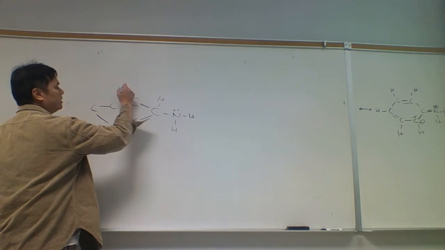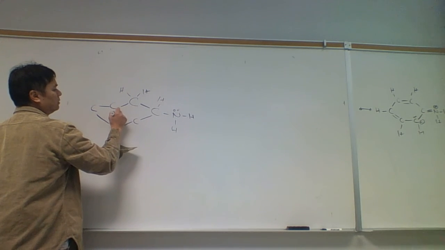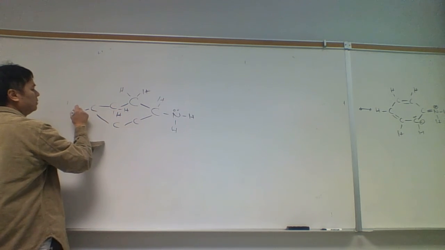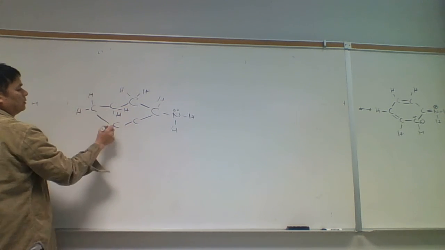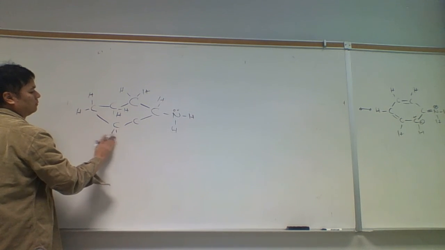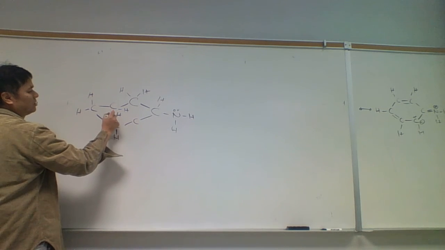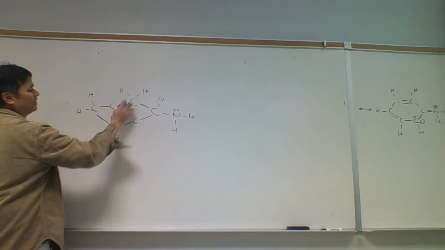There's got to be hydrogens here, so we need 2 hydrogens. I'm not going to draw this totally 3D. Actually, in organic chemistry, you get good at drawing these. I should try to draw more accurately.